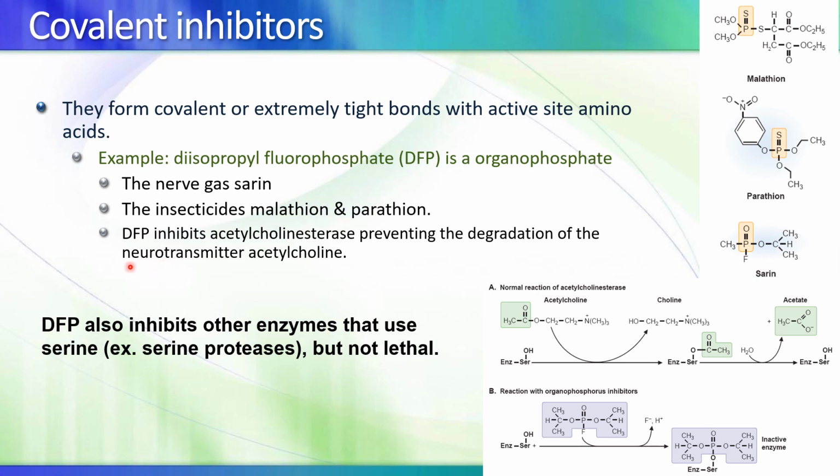Now, what this molecule does is that it inhibits an important enzyme known as acetylcholinesterase. Okay, so what this enzyme does is that it degrades a neurotransmitter known as acetylcholine. Okay, so you have a secretion of acetylcholine in our brains, you have stimulation of a nerve signal.